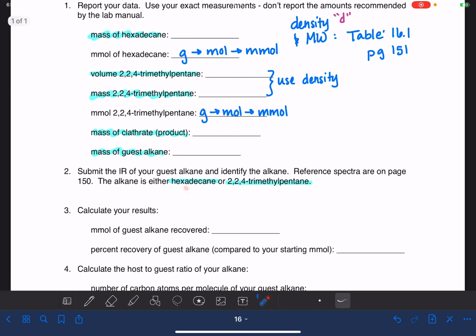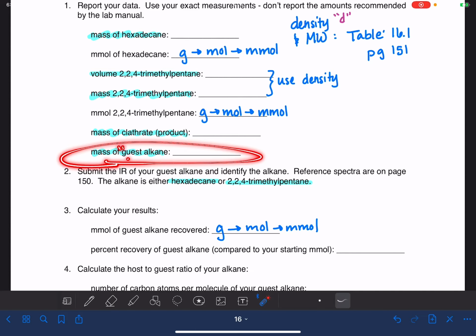Once you know what alkane you have, you are going to calculate the amount of guest alkane that you recovered. So you are going to do this by taking the grams of the guest alkane and converting that into moles, and then converting that into millimoles. And you might be wondering, where does this number come from? Well, it's right here.